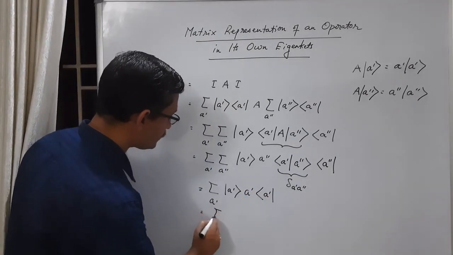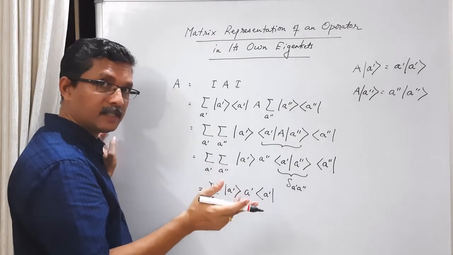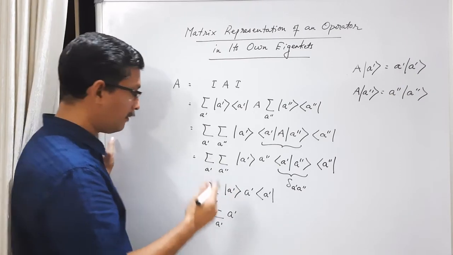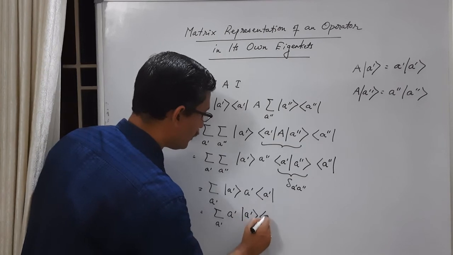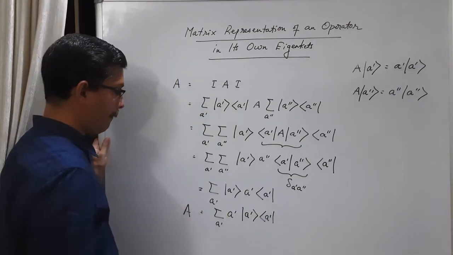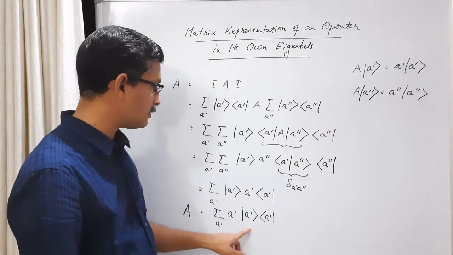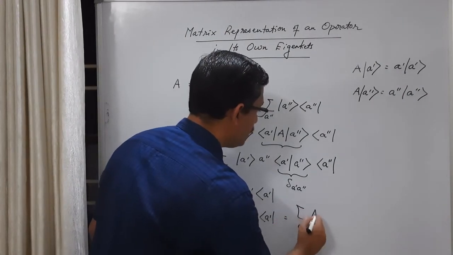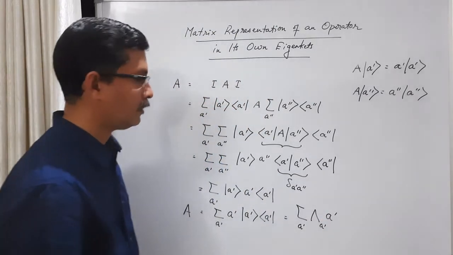Let me rearrange this as summation over A' of A', which is a scalar, a real scalar. It's an eigenvalue, and this is ket |A'⟩, bra vector ⟨A'|. This is matrix A in its own base ket. This is the projection operator, so you can write it in this form also: summation over A' of A' times the projection operator |A'⟩⟨A'|. That also you can write.